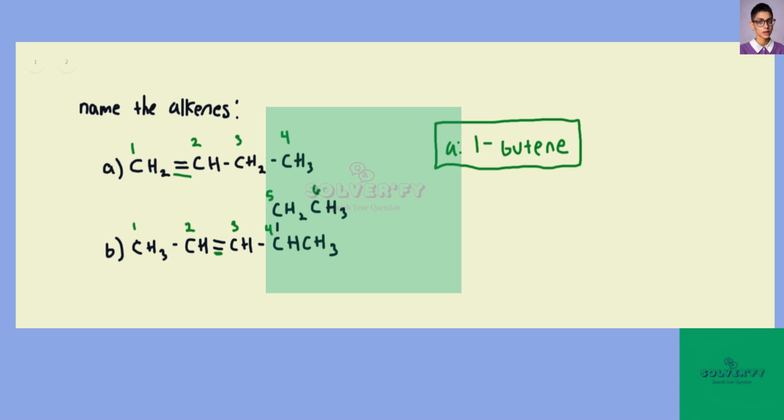Now, we also want to note that the double bond is off of the second carbon, and we do want to further recognize this methyl group, which is hanging off of the fourth. So what we're going to name this is 4-methyl, because we have a methyl group coming off of the fourth carbon. 2, because that's the location of the double bond.